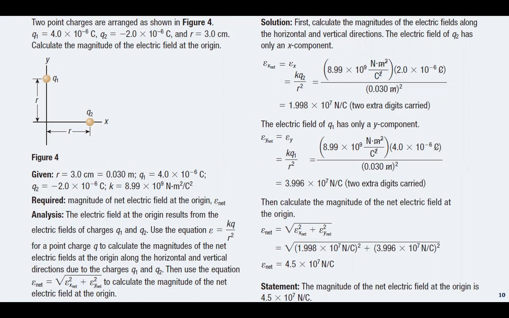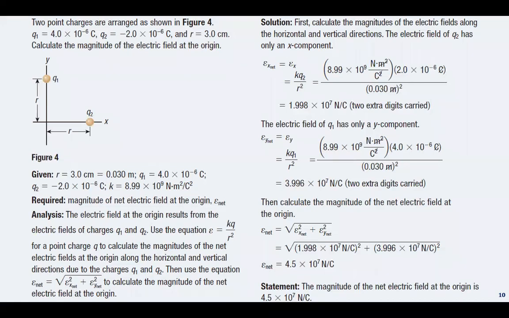Therefore, the electric field epsilon x equals kq2 over r squared, right? Putting all the values in, the x component of the electric field at the origin is 1.998 times 10 to the power of 7 newtons per coulomb.